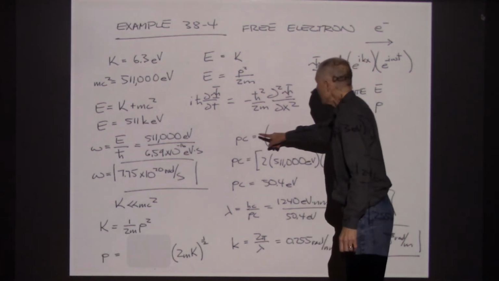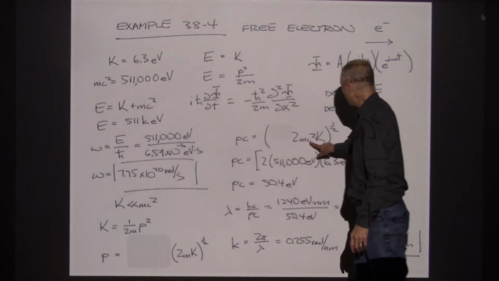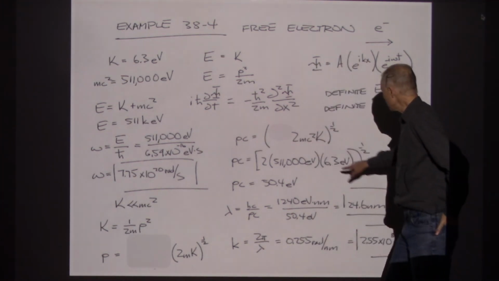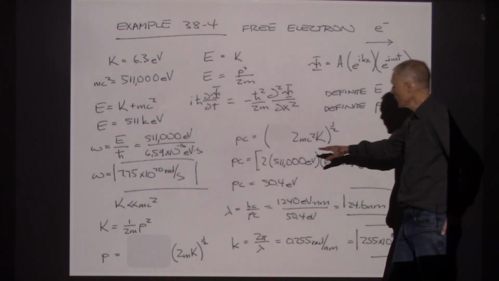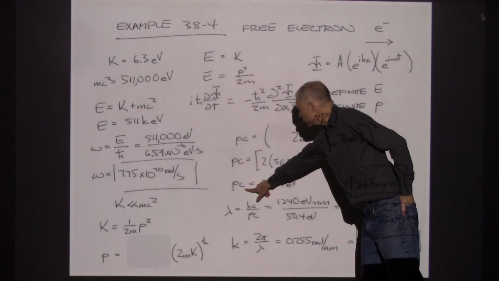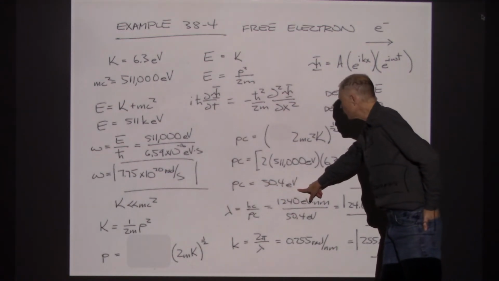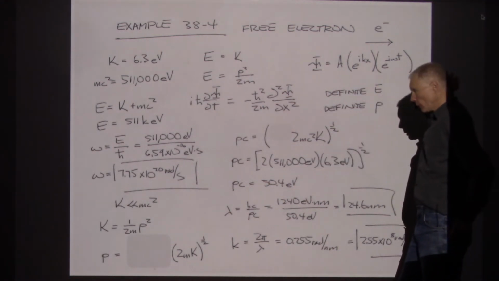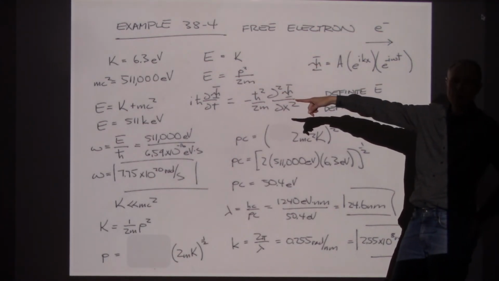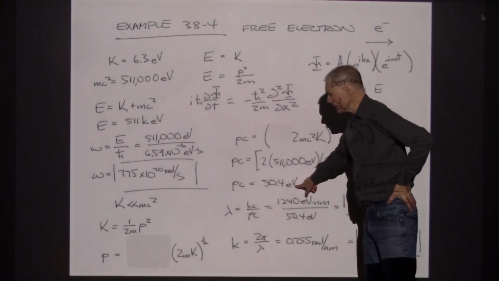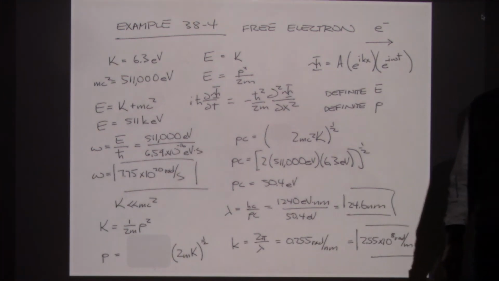To make that a pc, I can put in a factor of c squared. I put in the kinetic energy, and I now have a value for pc for this electron. So this electron has an energy that's dominated by its mass, and it has a momentum of pc equal to 50.4 eV.